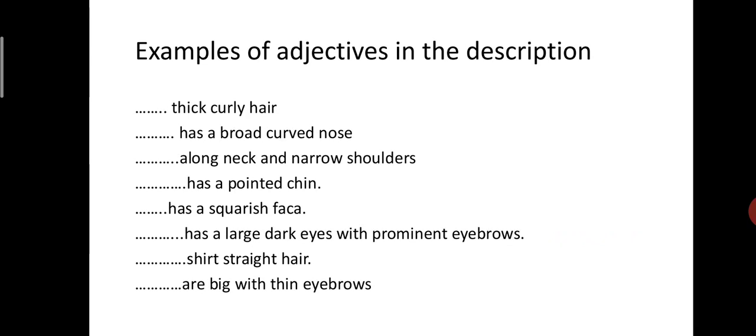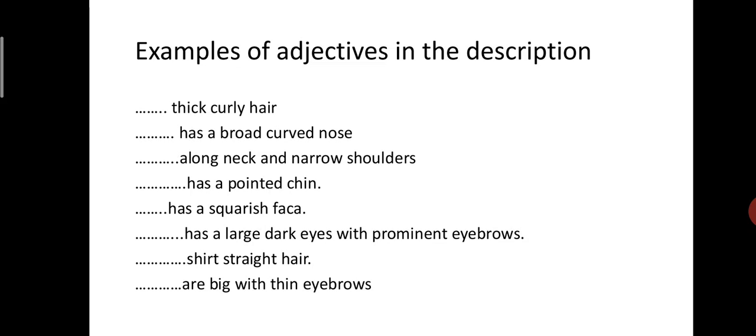See what are the examples, how you are going to describe, what kind of adjectives you are going to use at the time of description of a person. Here are examples of adjectives in the description. Thick curly hair, he has a broad curved nose, a long neck and narrow shoulders, a pointed chin. He has a squarish face, large dark eyes with prominent eyebrows.